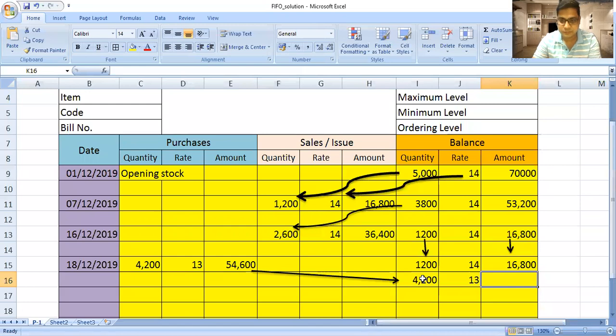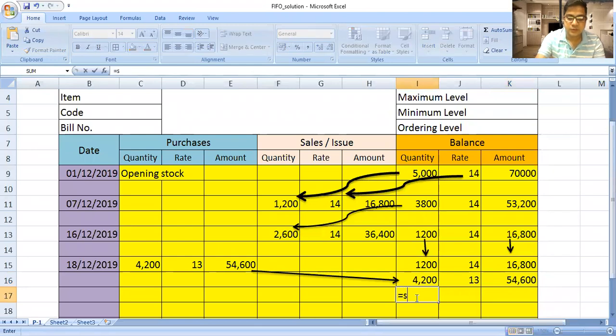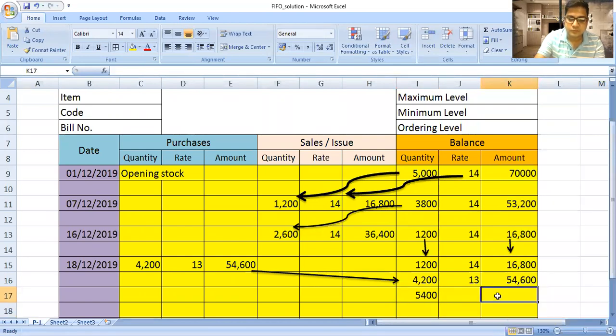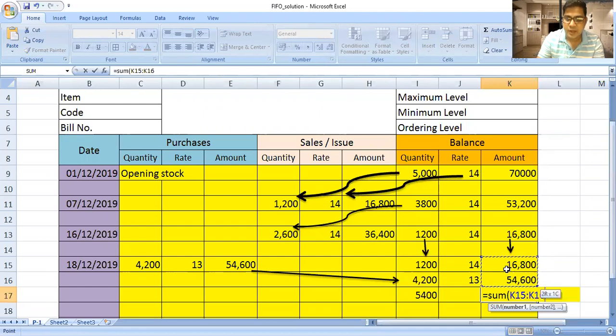The rate is different, 54,600. So we have a total balance. Total balance means 1,200 plus 4,200, it means 5,400. And their value is 16,800 and 54,600.